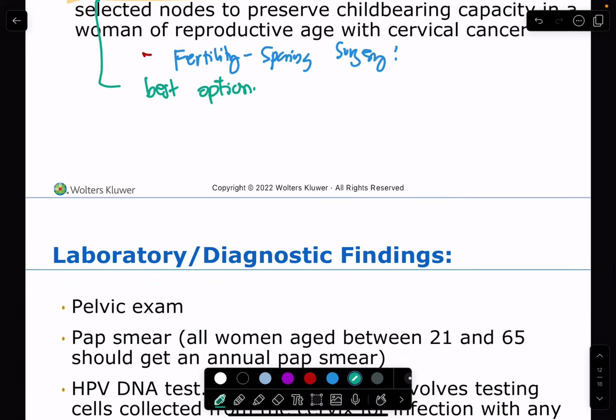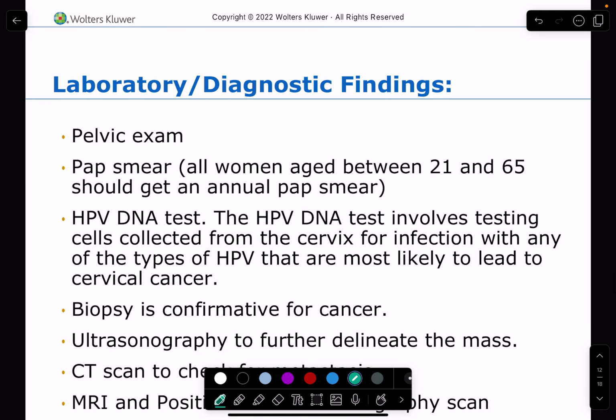Okay. So, laboratory and diagnostic findings is the pelvic exam. Nabanggit na natin si pelvic exam during the discussion of ovarian cancer. So, pelvic exam is done by the doctor or OB-GYN. The doctor will have an inspection of the female reproductive organs.